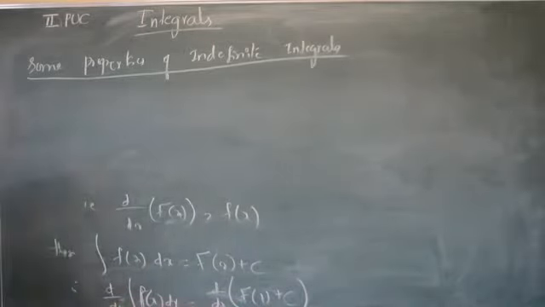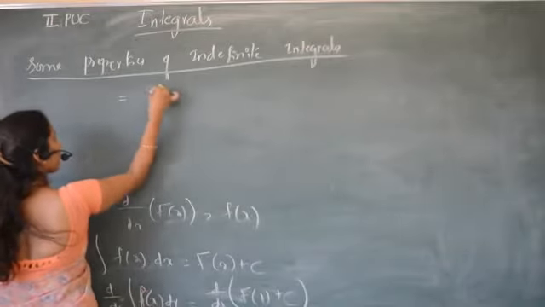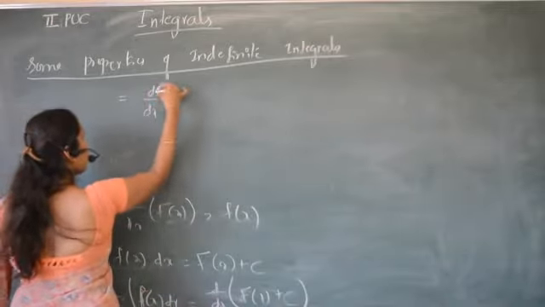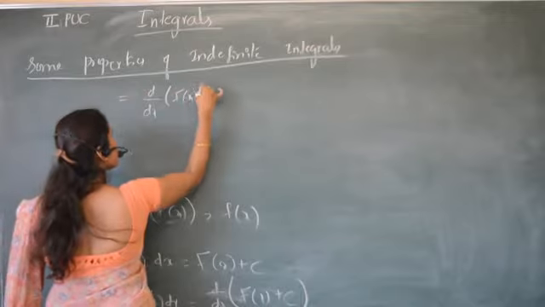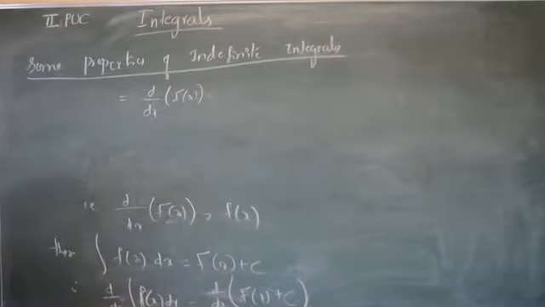The derivative of a constant is 0, so we got the derivative of F of x.